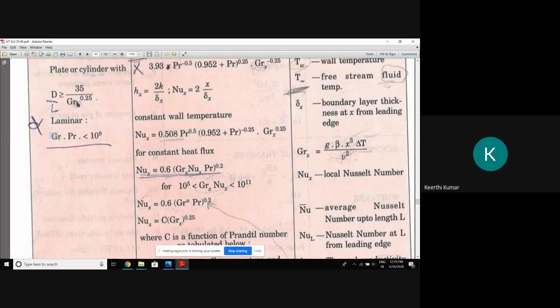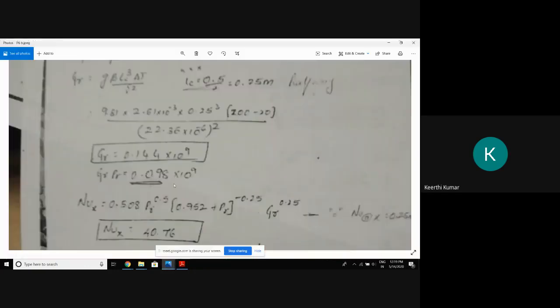If the value of GrPr is less than 10 to the power of 9, so what is the value we got now? It is less than 10 to the power of 9, correct? 0.098 into 10 to the power of 9, almost 9 into 10 to the power of 7. So it is less.